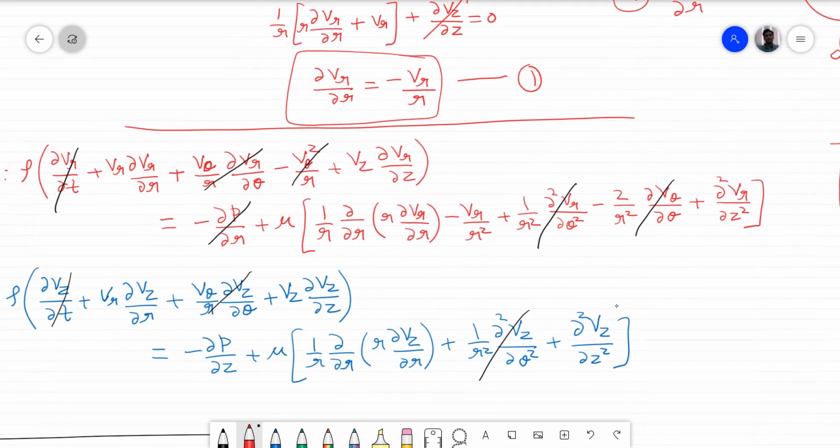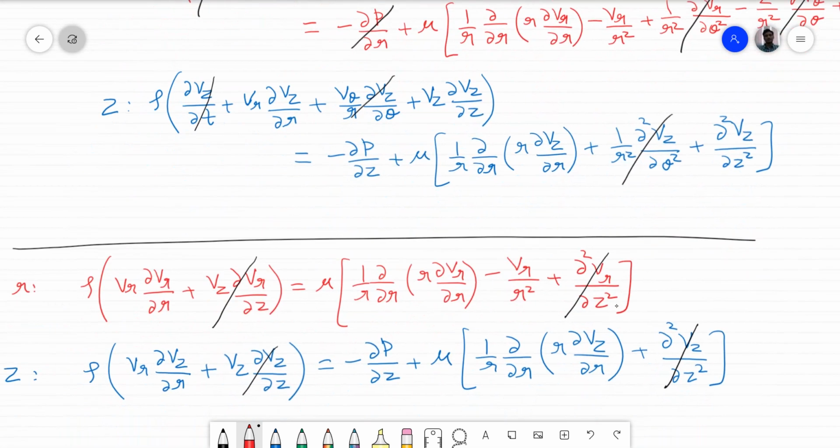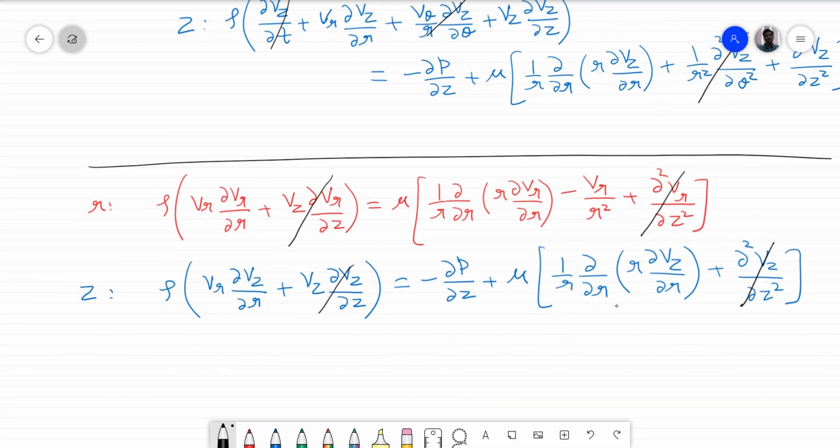Therefore we can drop all the Vr terms from these equations. Wherever Vr appears, we can just cross it out. So now we see that we don't even need the r equation. We need to solve only the z equation. We can cancel this term because it has Vr. This term does not have any Vr, so we have to keep it.